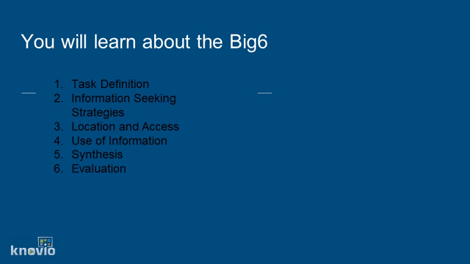You're going to organize all the different multiple sources and present the information. Lastly, you're going to evaluate. In the evaluation step, you're going to judge your product and judge the process. And you're going to look at, did I complete each of the Big 6 strategies efficiently?